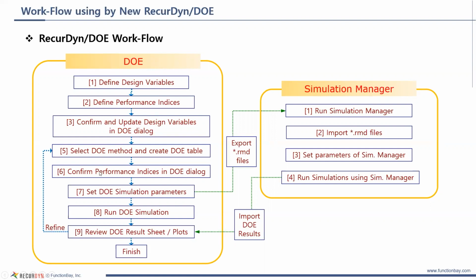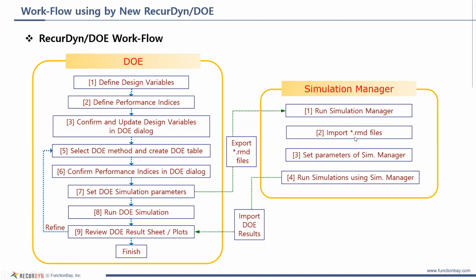Then step 6 would be to confirm the performance indexes in the DOE window. Step 7 would then be setting up the simulation parameters. And then at this point, you have the option to use the simulation manager to run all your simulations.